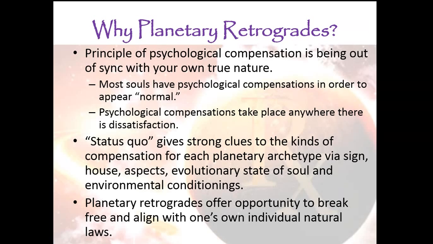All right, thank you. So when we look at planetary retrogrades, what are they? They're the principle of psychologically compensating and being out of touch with your own true nature. And almost all of us, regardless of evolutionary state, do have psychological compensations.